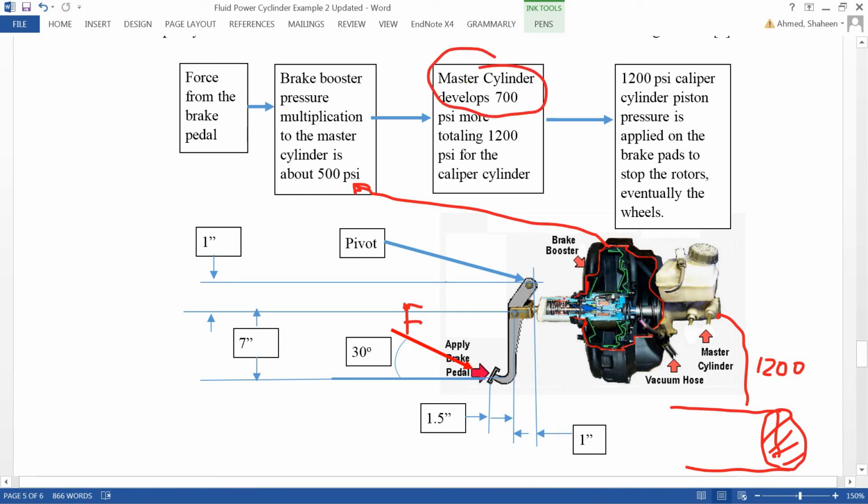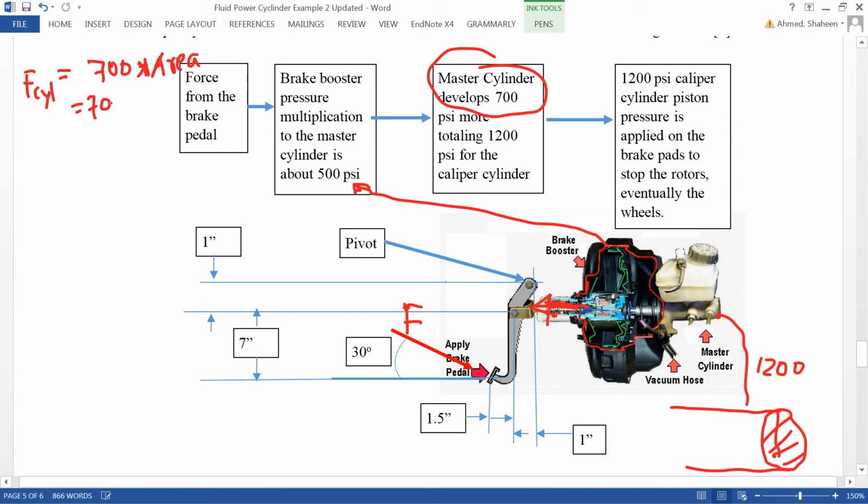So the force by this piston is calculated from this 700 psi. If we want to calculate the cylinder force that is required to produce that 700 psi, force is pressure times the area.